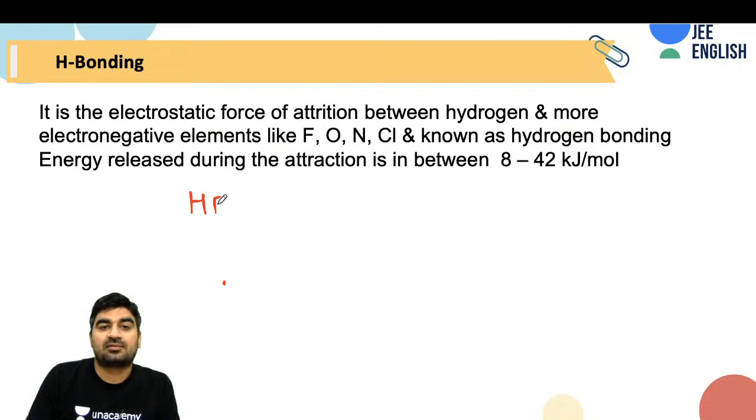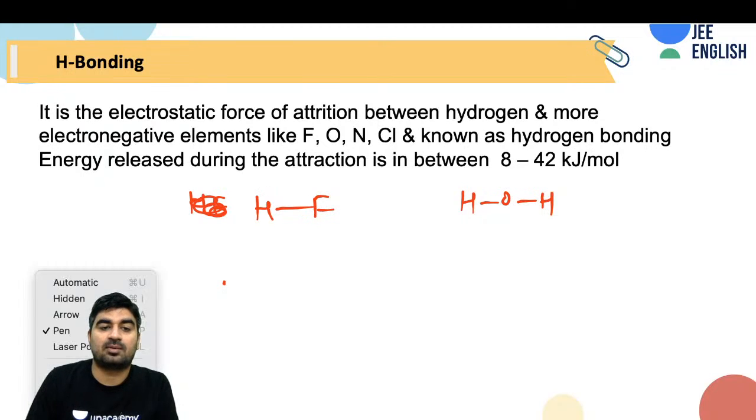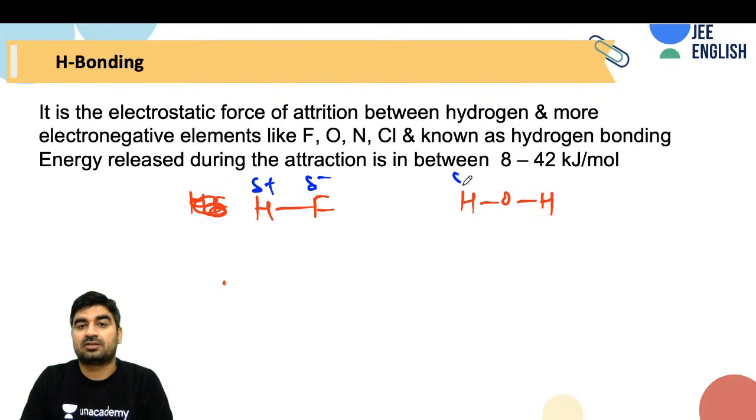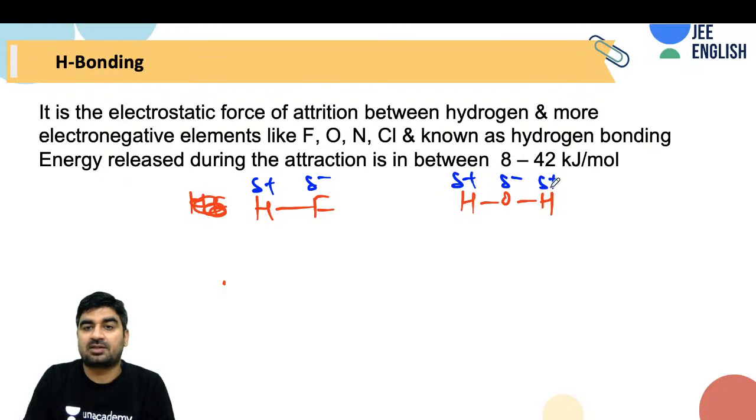Because in HF we have hydrogen bonding, in H2O we have hydrogen bonding. Now I will discuss when I'm talking about HF. This is partial positive, partial negative, partial positive.